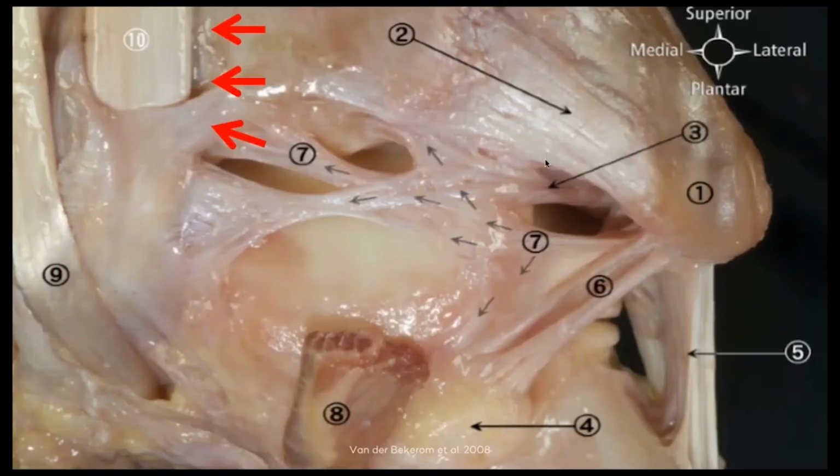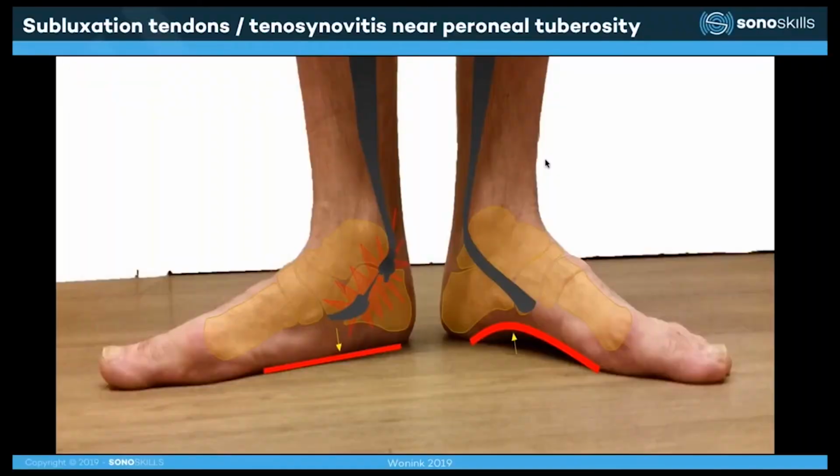longus tendon. And these tendons, if you look at the red arrows, they all have tendon sheaths. And they are tendinous. If you look at number 8 in the middle of the screen bottom, this is the flexor hallucis. The flexor hallucis is partly muscular there and partly tendinous. And I think that of these three tendons, the one most affected is the tibialis posterior.